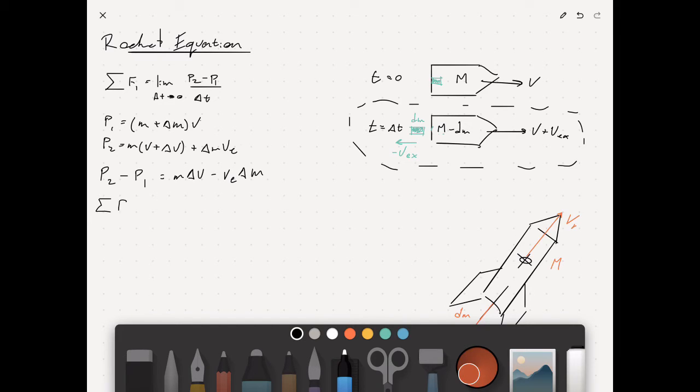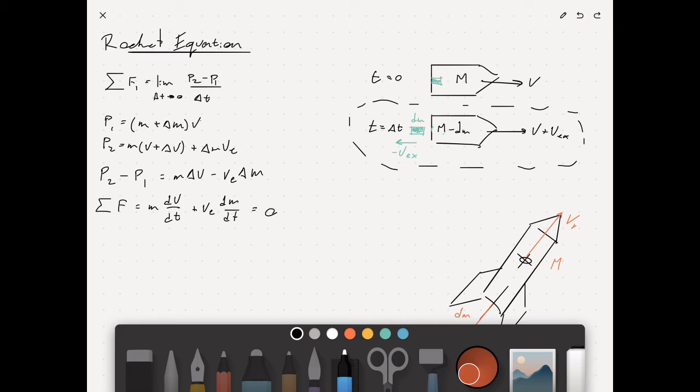Then we can take this and substitute in Newton's second law to get the net force equals m dv/dt plus v exhaust dm/dt. The reason the sign here changed is because the mass being removed from the rocket is negative.